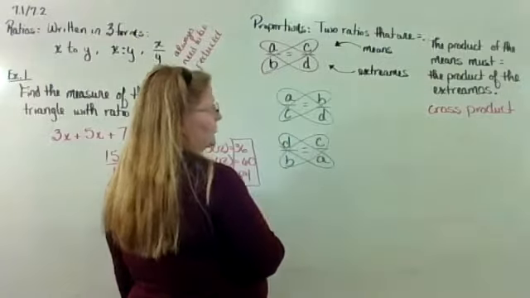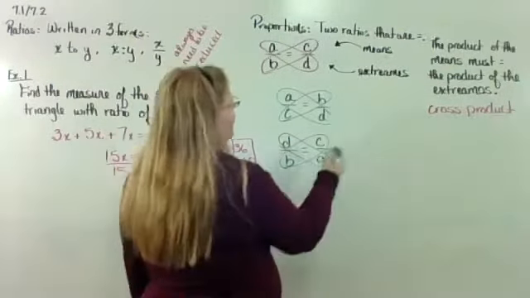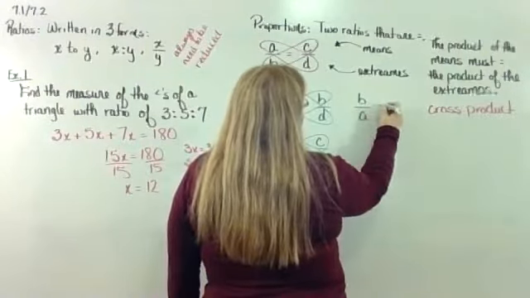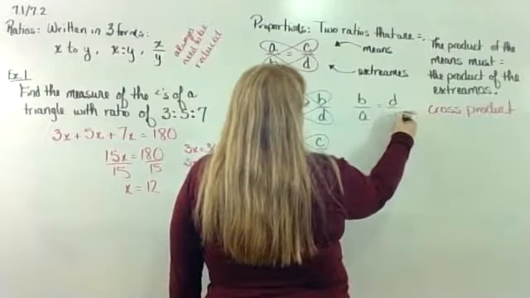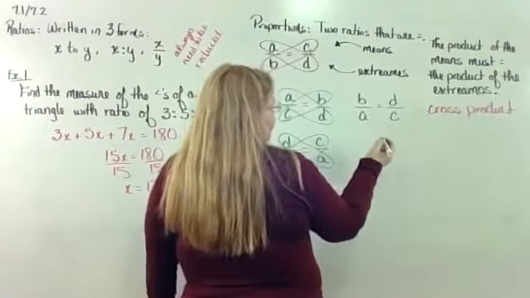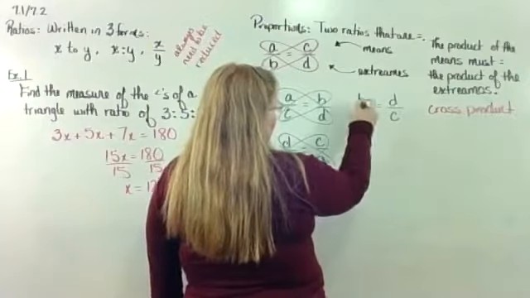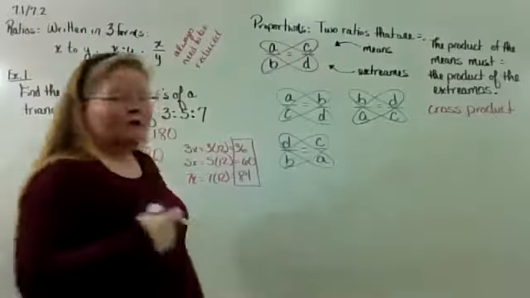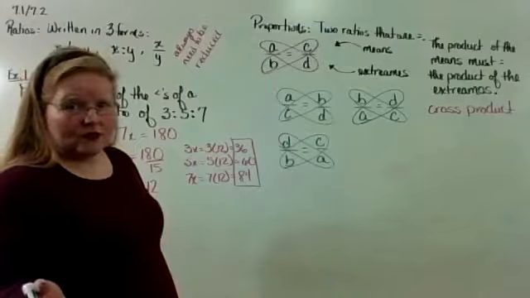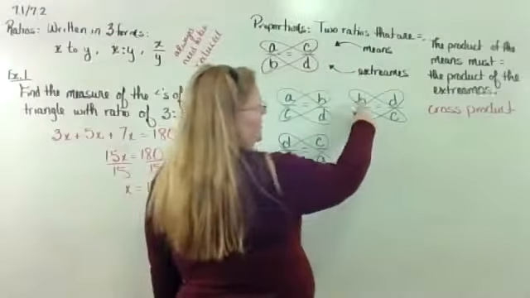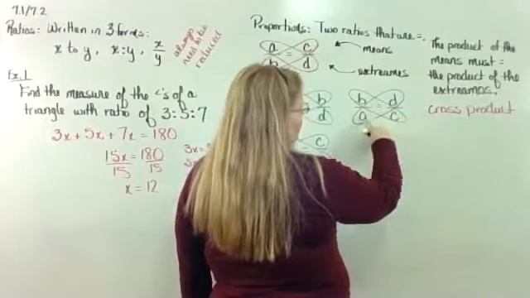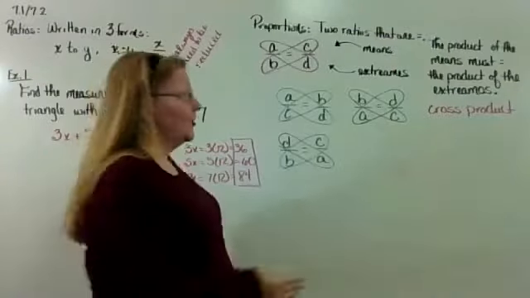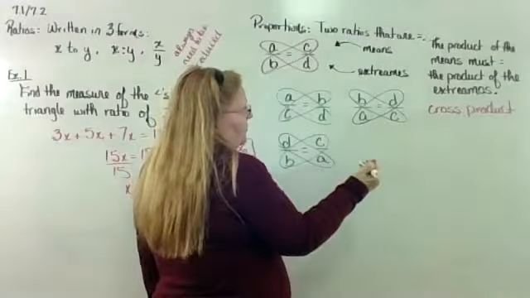We could also switch around the fraction itself. So I could put my denominator on the top on both sides, and I still have the same cross products. I still have the B times C and the A times D. My means changed, my extremes changed, but because the means stayed with the means and the extremes stayed with the extremes, our cross products have to be the same. So that works. And then you can flip them around.